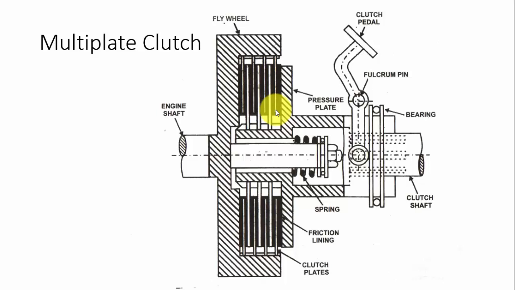Whenever the driver presses the pedal, the clutch will disengage. By default, the clutch is engaged because of the force offered by this spring. So the spring will keep the clutch engaged. Whenever the driver presses the pedal, he will have to apply a force which is more than the force offered by the spring in order to disengage the clutch.